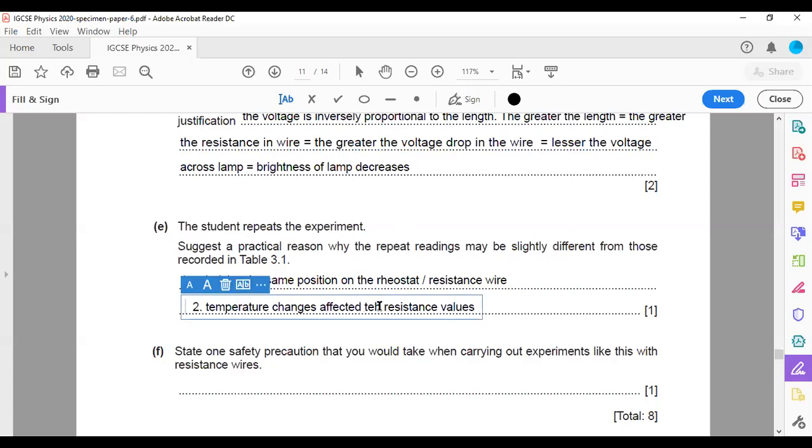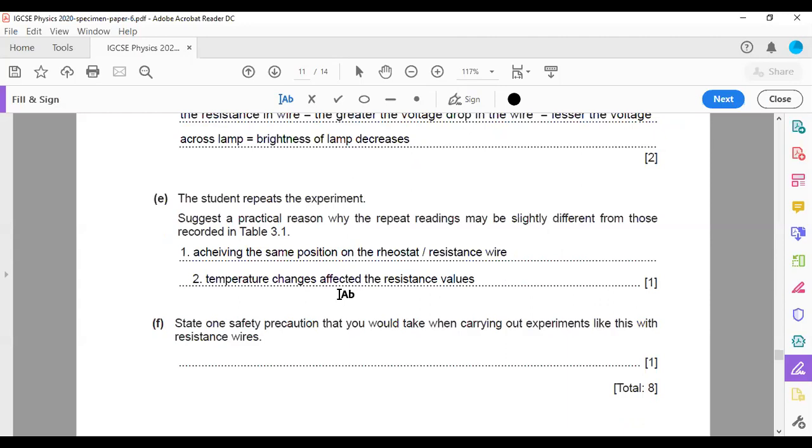Due to something called temperature coefficient of resistance, an increase in temperature can cause an increase in resistance, or another way, an increase in temperature could cause a decrease in resistance. So temperature changes could affect the resistance value. So those are two. They only ask for one, however, I give you two, just in case for the future.